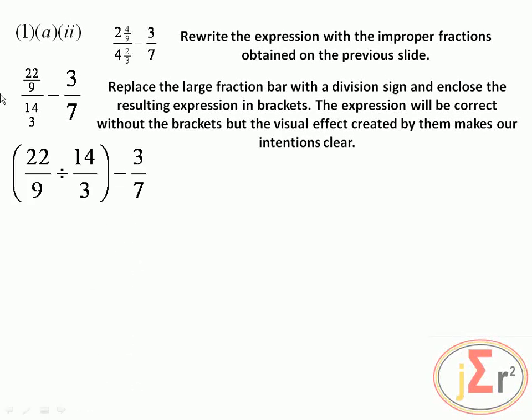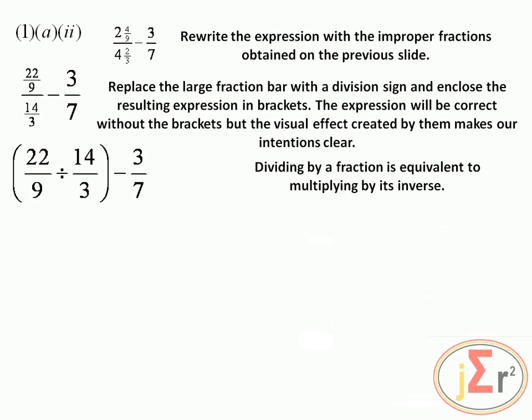It is plainer by including the brackets that we intend to divide 22 over 9 by 14 over 3, and that process will be carried out before we subtract 3 over 7. Without the brackets, the expression would have meant the same thing, because we will actually give precedence to division over subtraction. Division, at any rate, would have been carried out first before subtraction.